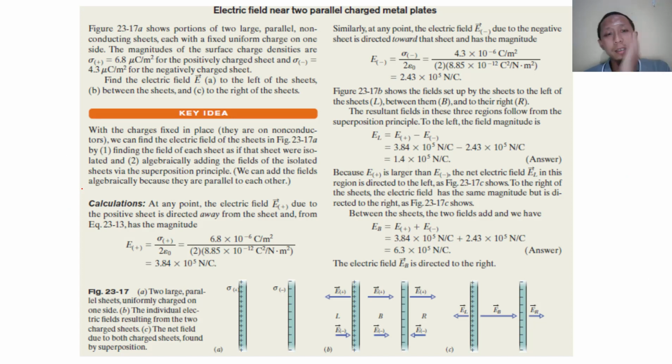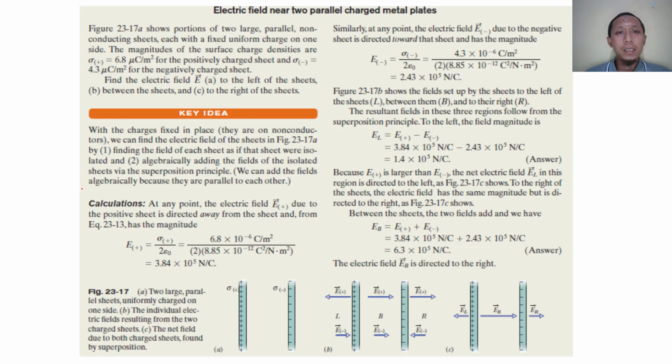So this one is the exercise for the sheets of charge. In this figure, 23.17a, a portion of two large parallel non-conducting sheets, each with a fixed uniform charge on one side.